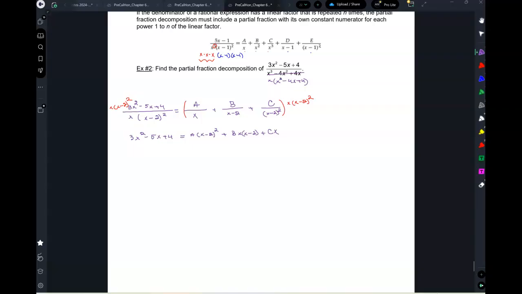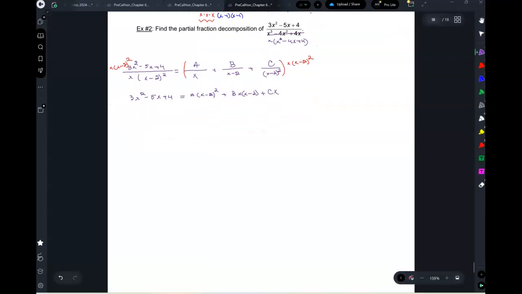Same deal. First, let's make this x minus 2 zero. So I'm going to take x equals 2. So 3 times 4 minus 10 plus 4, that's a 6, equals A times 0 plus B times 2 times 0 plus C times 2. 6 equals 2C, C equals 3.